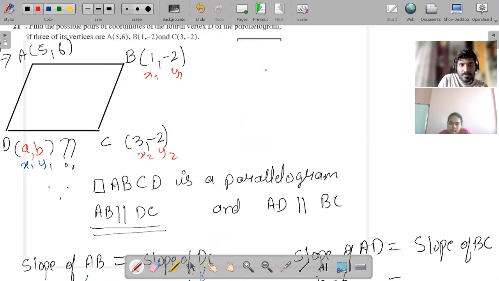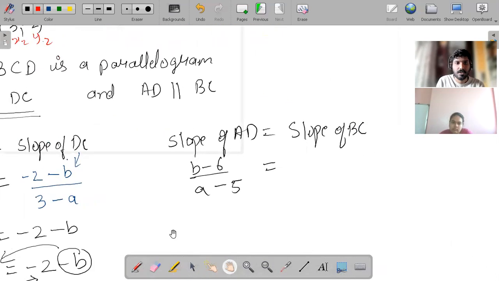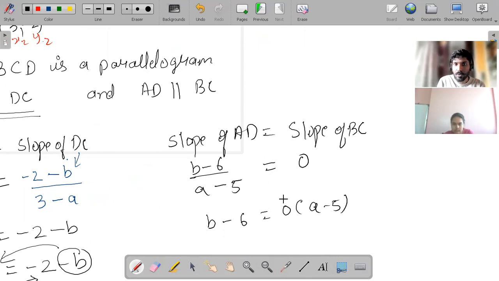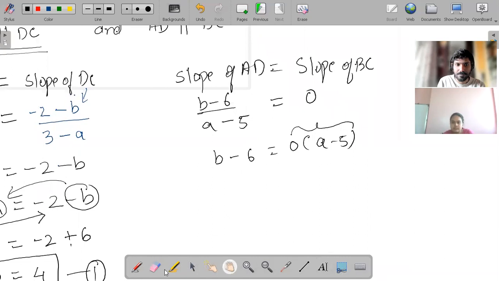So y2 minus y1, minus 2 minus of minus 2, upon 3 minus... yeah, correct, 0. So slope of BC is 0. And now when you do cross multiplication, B minus 6 is equal to 0 into A minus 5. So what will this become? 0 into A minus 5? 0.